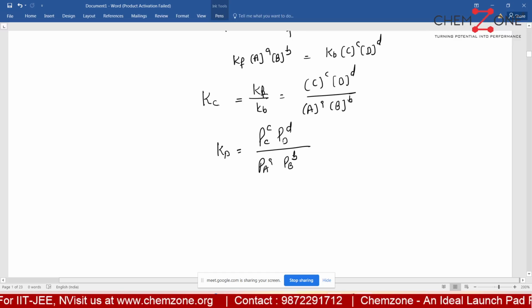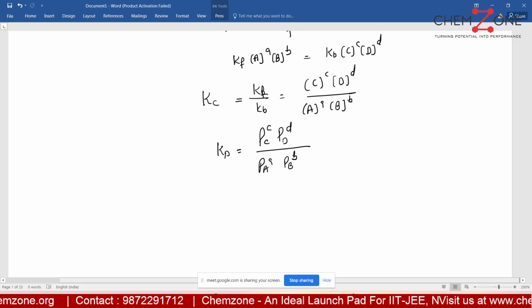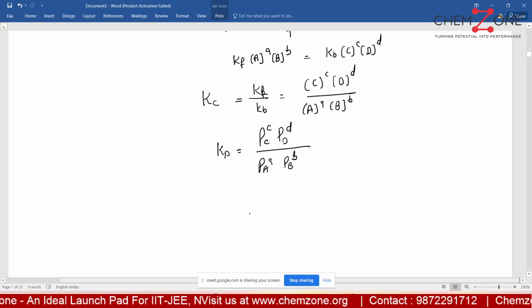So we can represent the equilibrium constant either in terms of Kc or in terms of Kp. Am I clear?